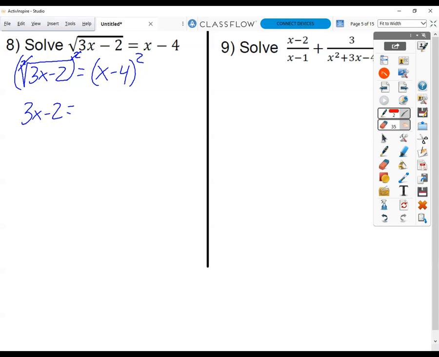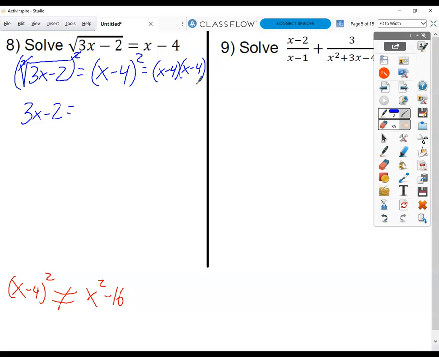I'm going to write that down here in red. X minus 4 squared does not equal x squared minus 16. X minus 4 squared is the same thing as x minus 4 times x minus 4.